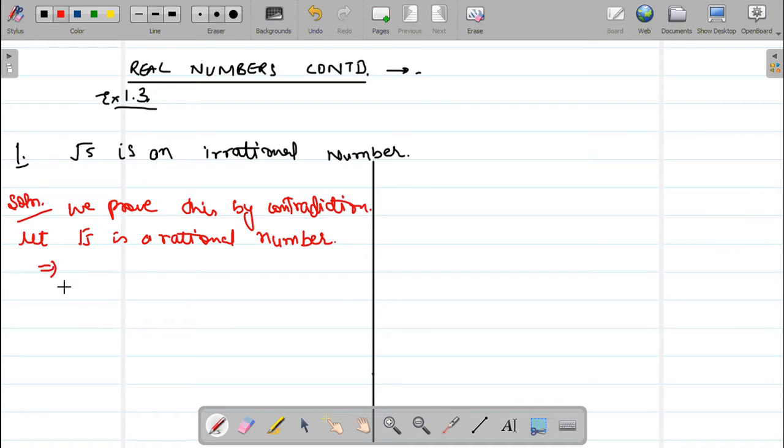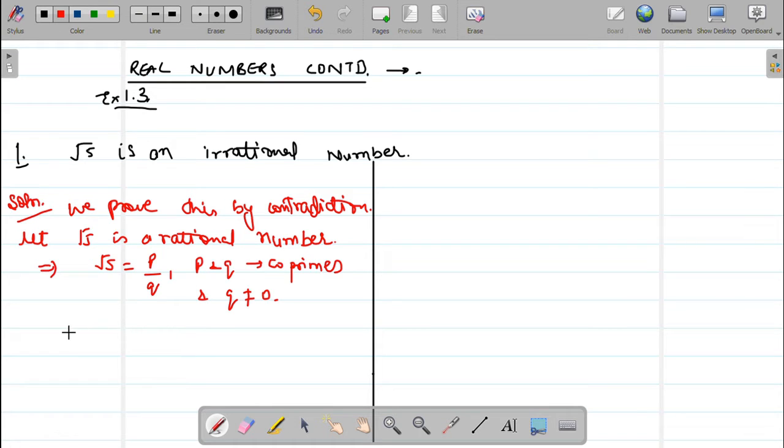So let root 5 be a rational number. This implies root 5 should be equal to p by q, where p and q are co-primes and q should not be equal to 0. This is the basic definition of any rational number, written in the form p by q, where the denominator should not be 0.